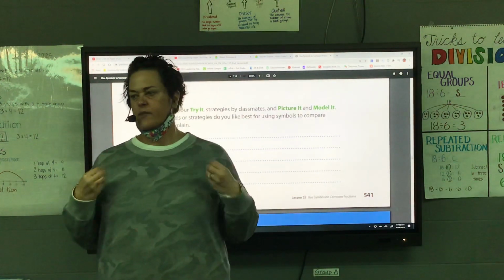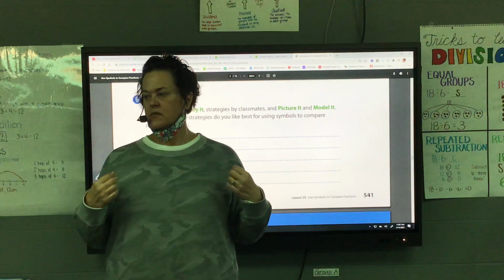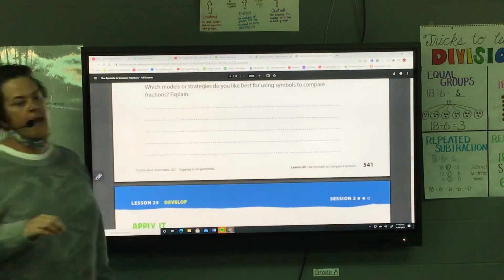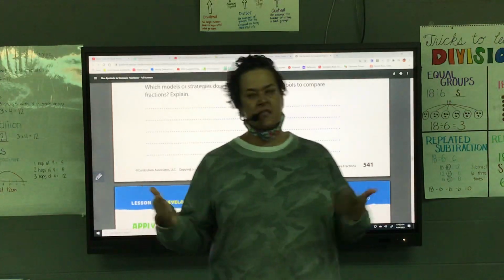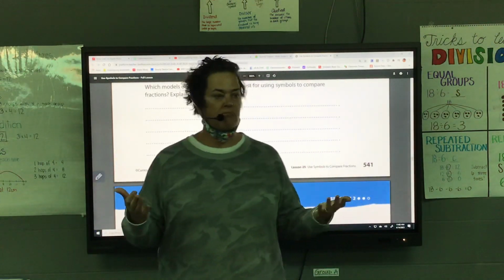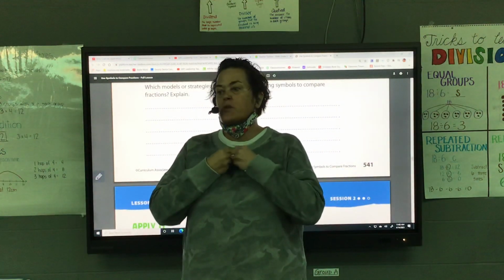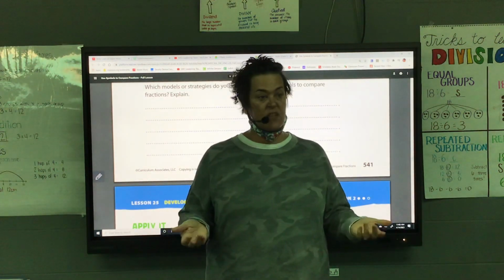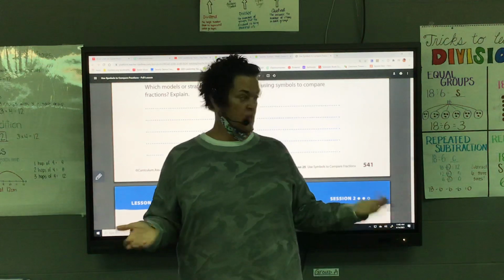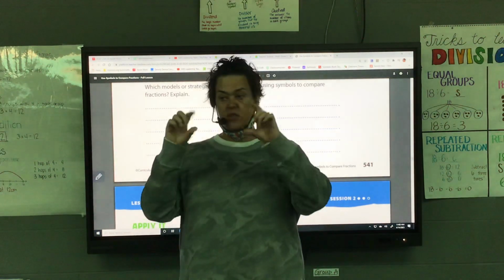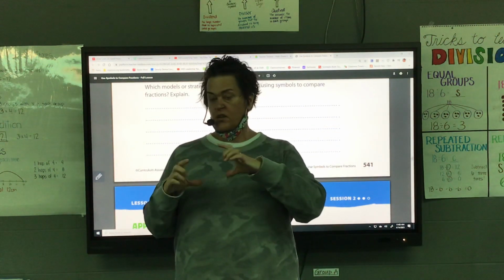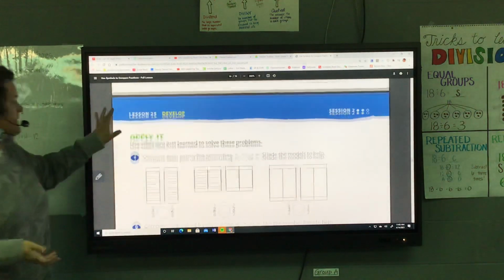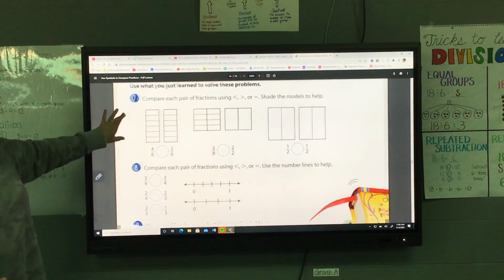One that you're more comfortable using? Okay. Does it matter if yours is different from somebody else's in the room? No. Whatever you're most confident and most comfortable using, use it. If you like number lines better, use number lines. If you like to draw out those models, do that. All right?